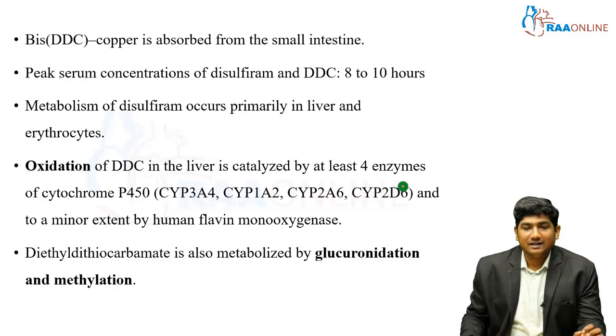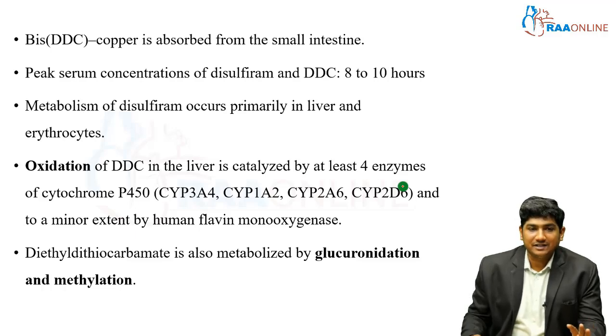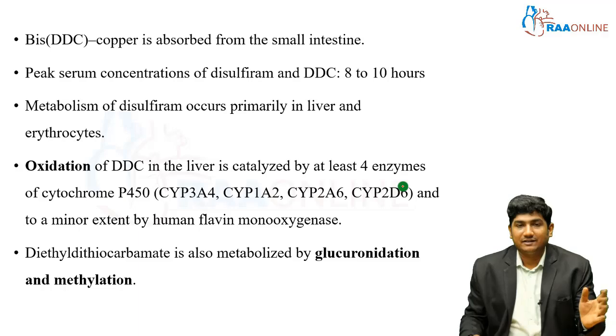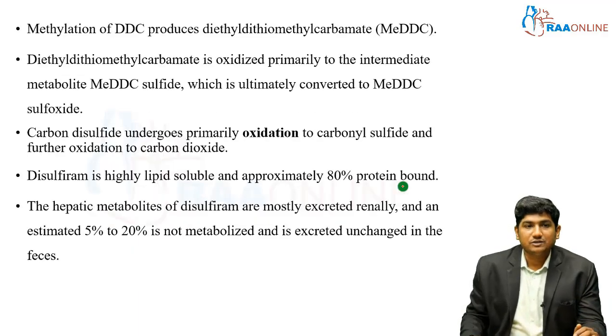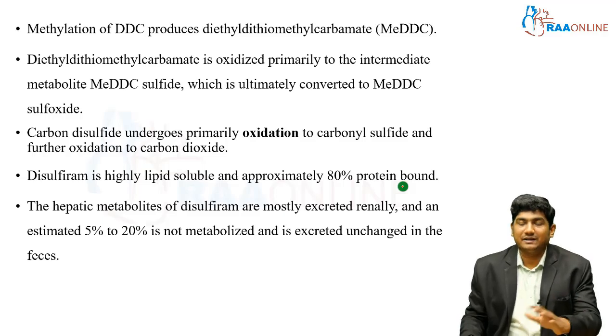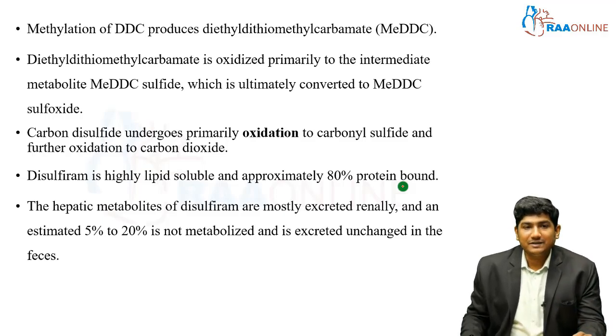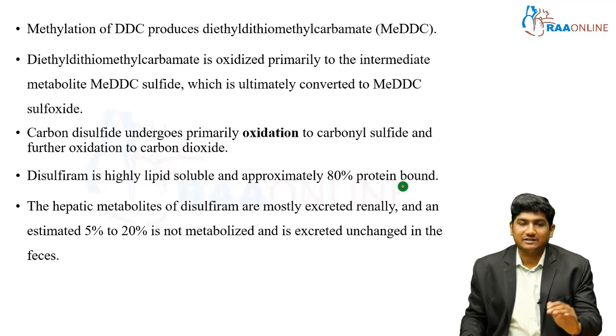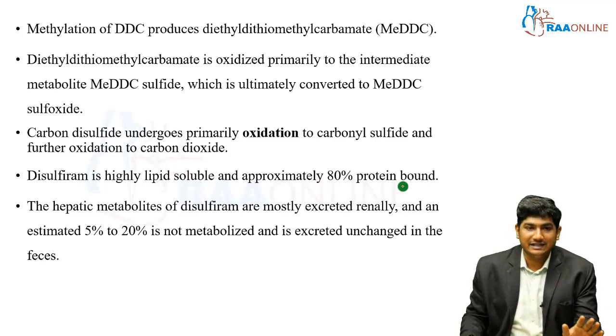Otherwise it's glucuronidation and methylation. If DDC undergoes methylation, a methyl is added, producing diethyl dithio methyl carbamate. Ultimately this MeDDC sulfide gets converted into sulfoxide. This is the fate of DDC.